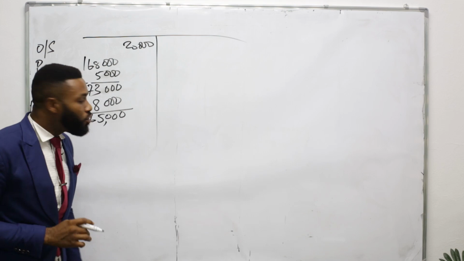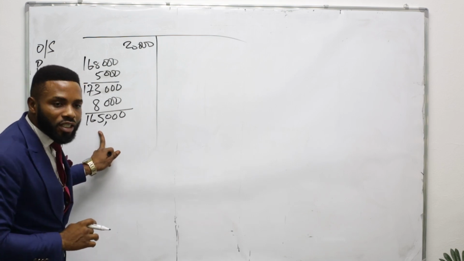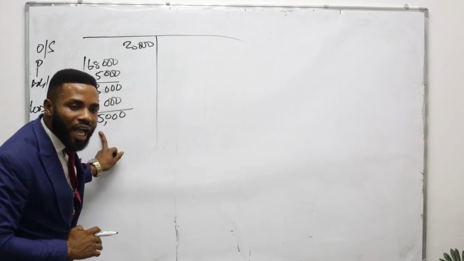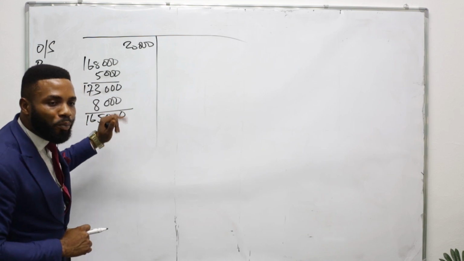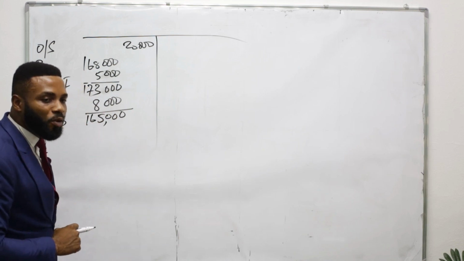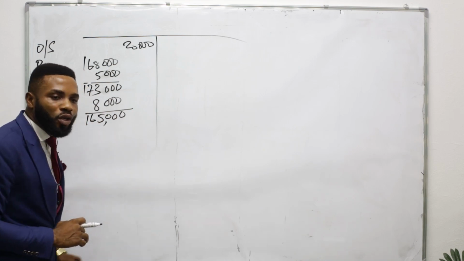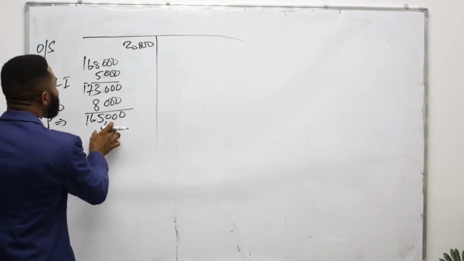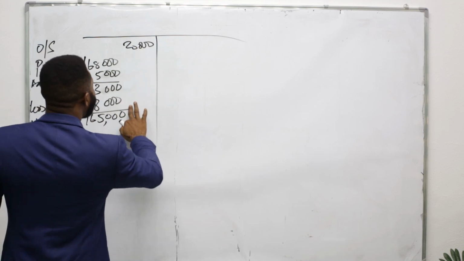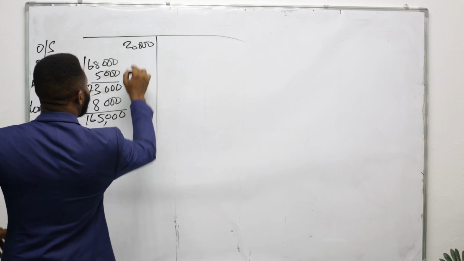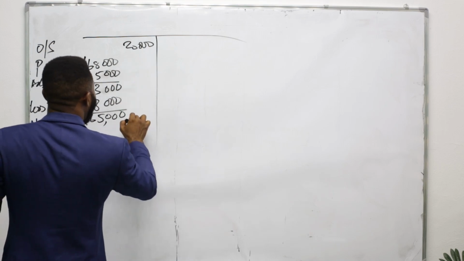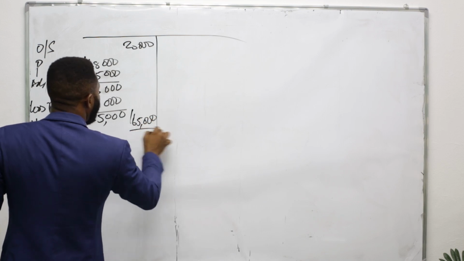Now, having done that, this net purchase is to be added to your opening stock. Remember, what you are looking for is gross profit. Let me write it in such a way that it will be easier to add. So we have 165,000.